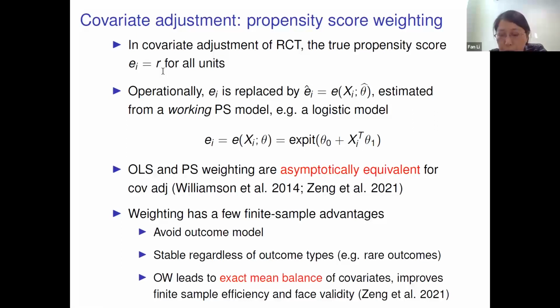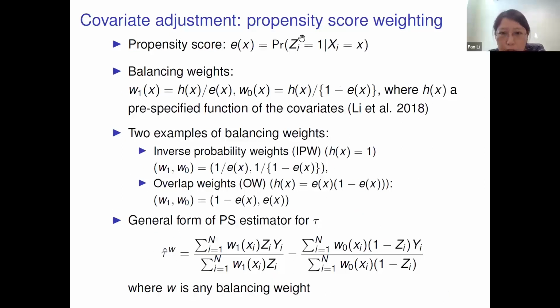So what we are talking about here, in covariate adjustment in the RCT setting, is that the propensity score is just a one-dimensional summary. It's kind of a working score, a summary of the baseline covariates. It's not really the treatment assignment probability. That's purely a summary.